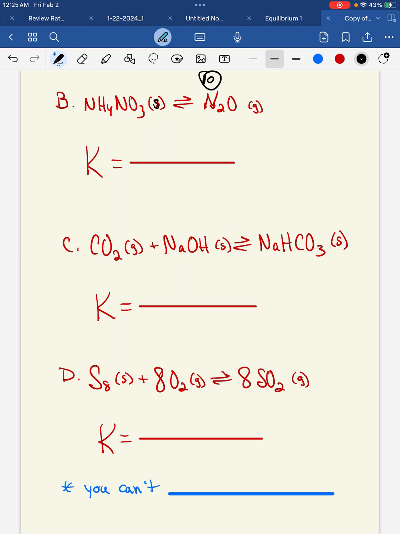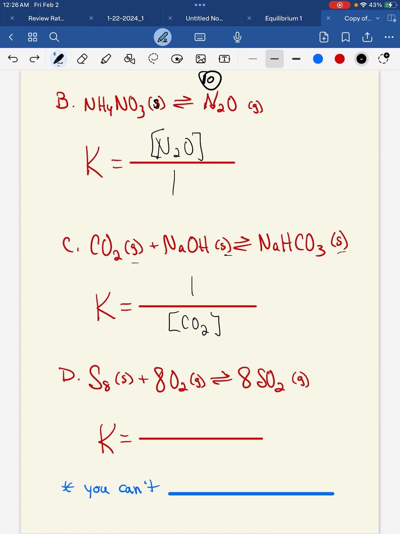All right, so it'll be N2O concentration over 1. You wouldn't have to put the 1. Here we've got a gas, a solid, and a solid, so it'll be 1 over CO2 concentration. There's another 1 down there if you want it.